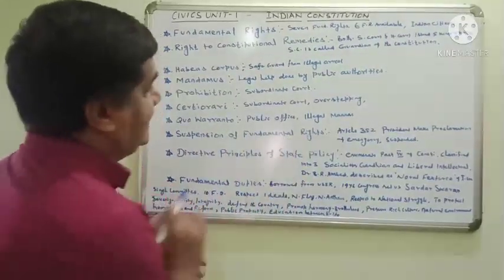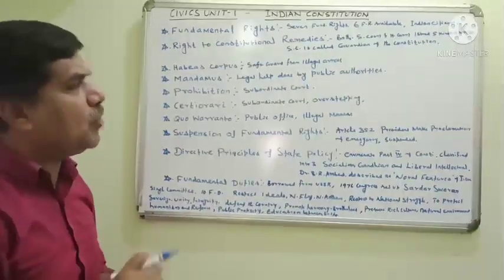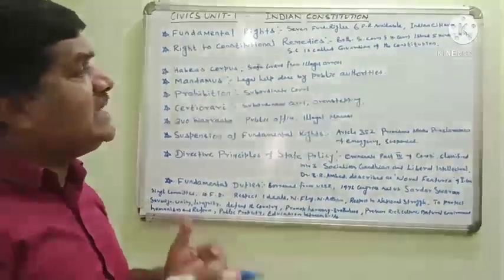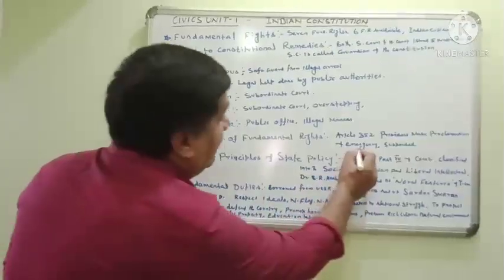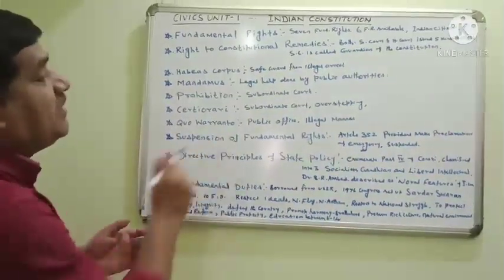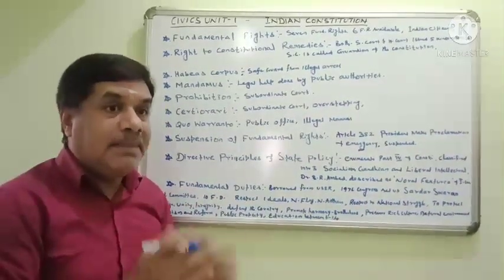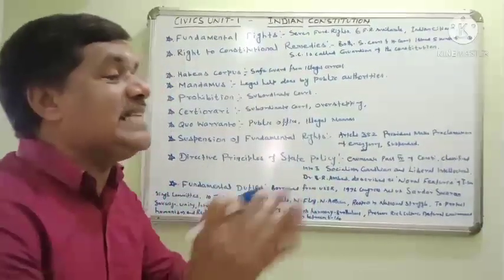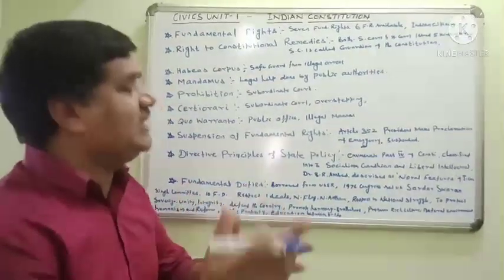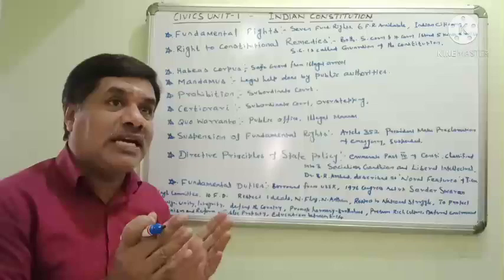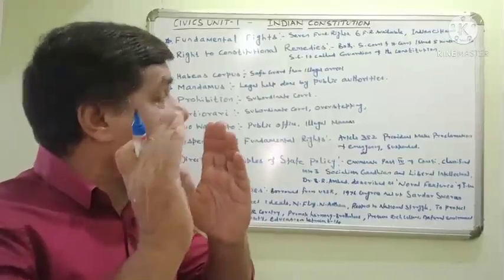Suspension of fundamental rights. Article 352 provides that the President makes a proclamation of emergency. This is very important in this topic. Noted. Emergency means disaster, like a tsunami, tornado, or any natural disaster. If it occurs, an emergency proclamation is immediately issued by the President.